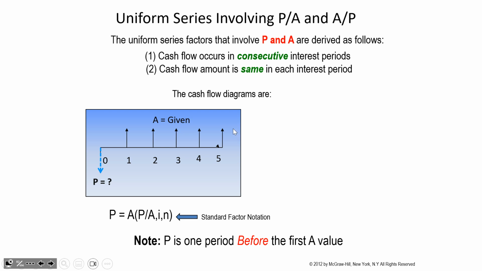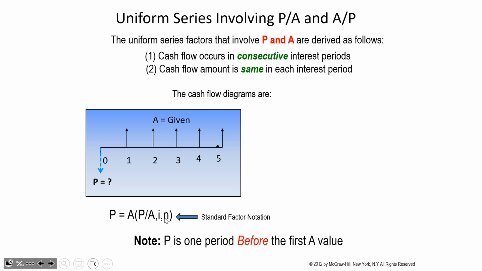And remember our standard notation in terms of what we put inside of the brackets. In this case, where the annual series is given and the present value is unknown, then it's find P given A. So P slash A, we define some interest rate for the problem and the number of periods. And remember that the periods aren't necessarily always going to be years.